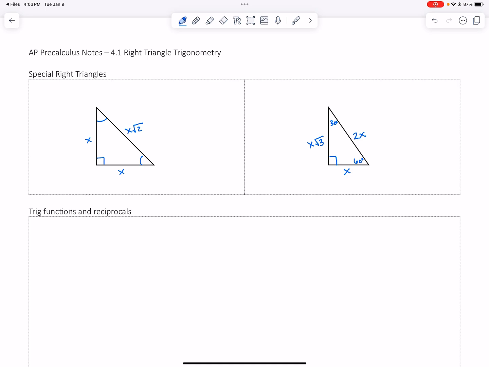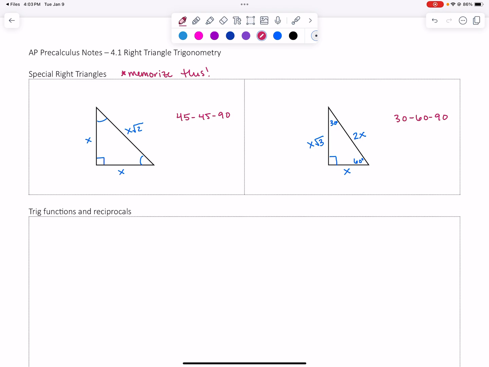And if you need to go back and look at where those come from, you're welcome to. But number one, you need to memorize these. It's really important that you have these relationships down. So this is your 45, 45, 90, and this is your 30, 60, 90 triangle.